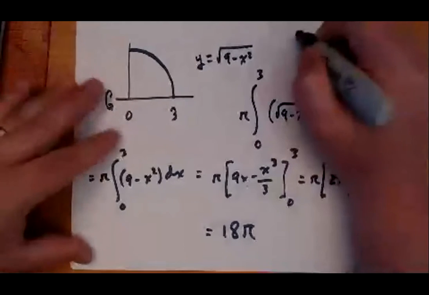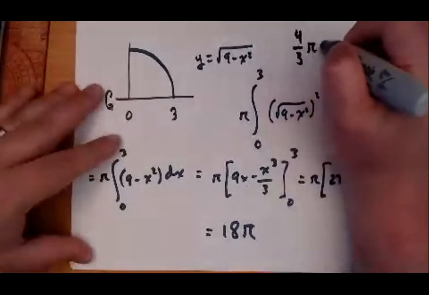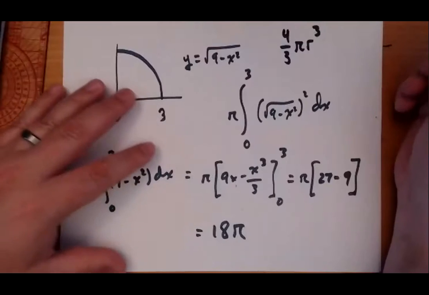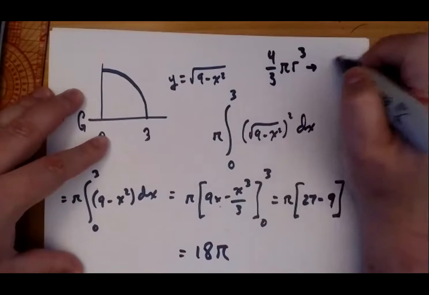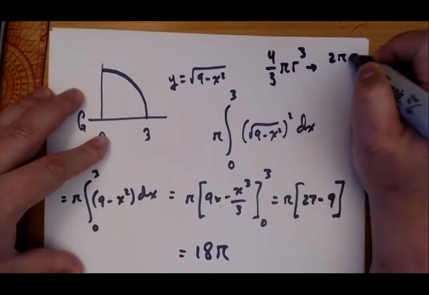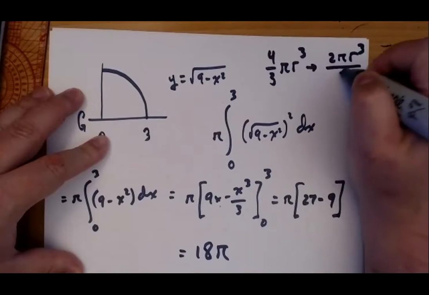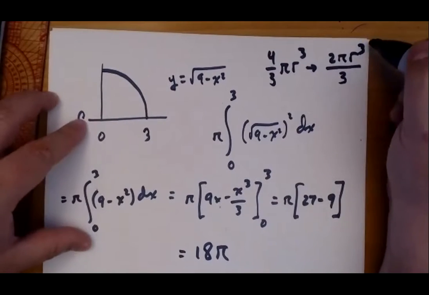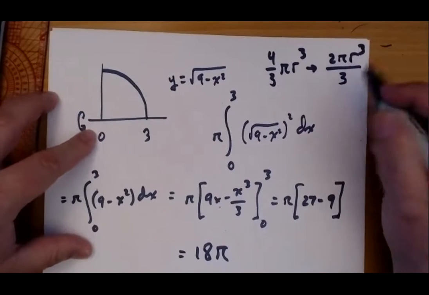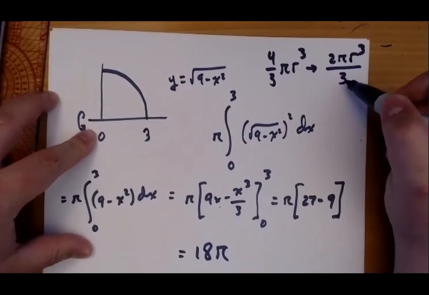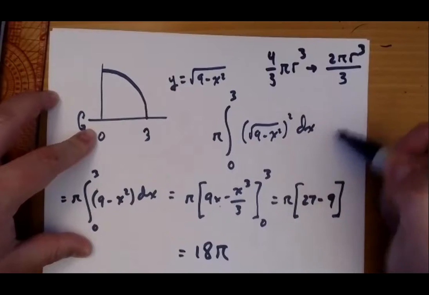The volume of a sphere is 4/3 pi r cubed. Since we're only dealing with half of it, it would be 2 pi r cubed over 3. Plugging in my radius of 3, that would give me 27 over 3, which is 9, times 2 pi, which is 18 pi.